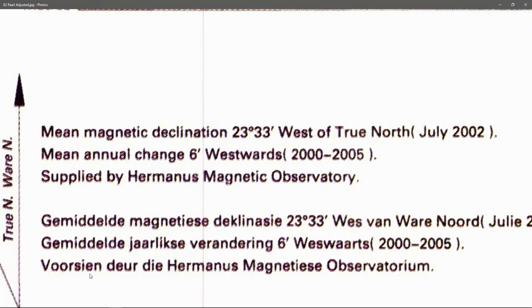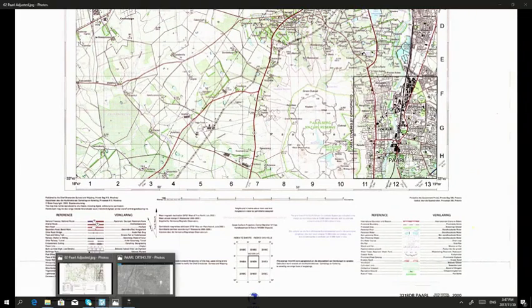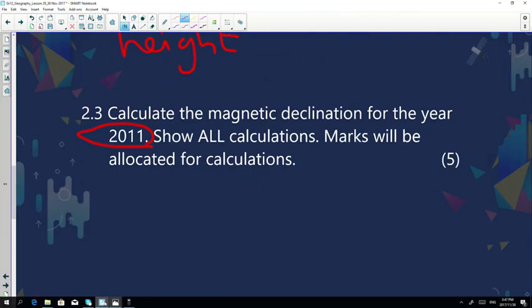So they ask us not to calculate the present magnetic declination, but the magnetic declination for 2011. So that's going to change things a bit. Let's go back to our question. First of all, they ask us to calculate the magnetic declination.